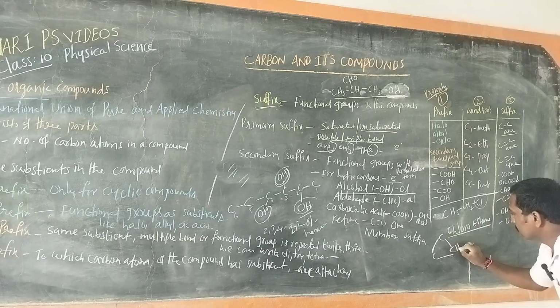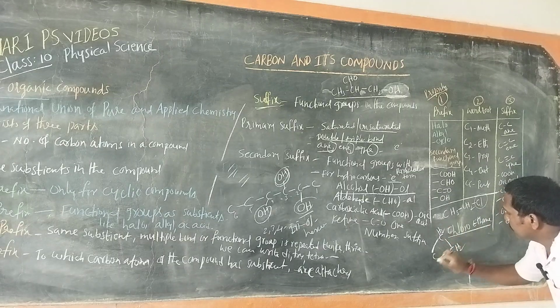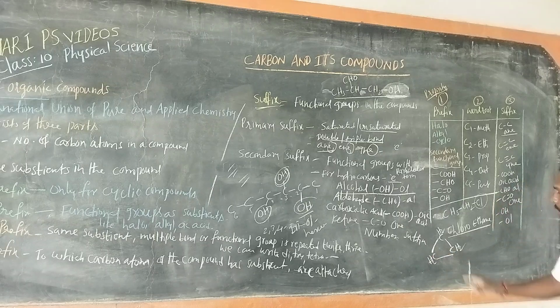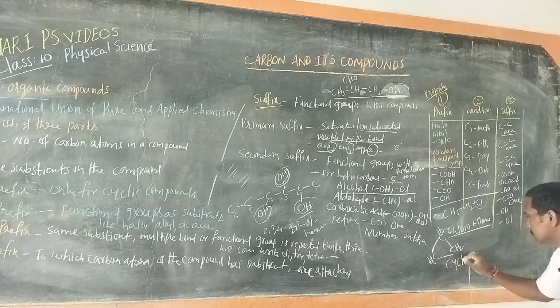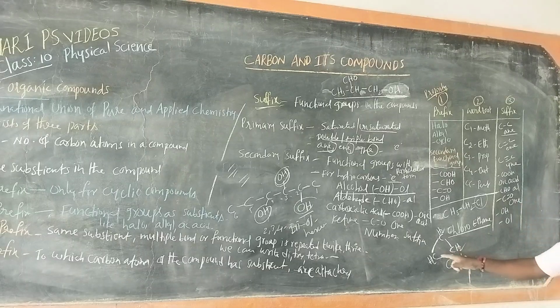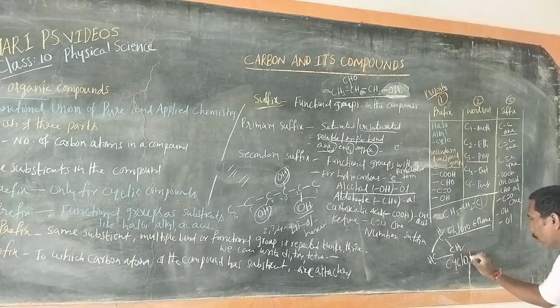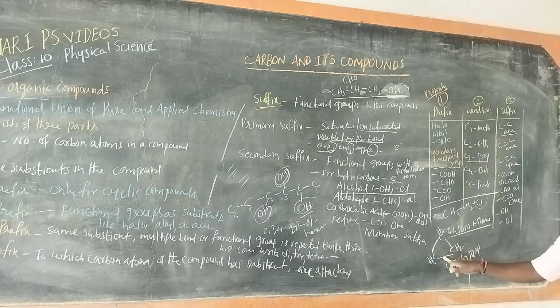If it is a cyclic compound, how many carbons are there? 3, so CH2 units in a ring. So the first priority is the primary prefix cyclo. How many carbons? 3 carbons, which is prop. Between carbon and carbon, only single bonds are there, so ane: cyclopropane.